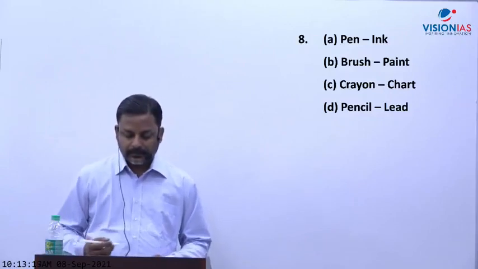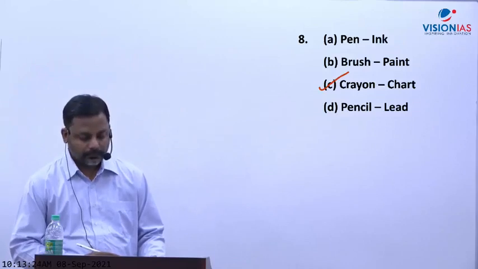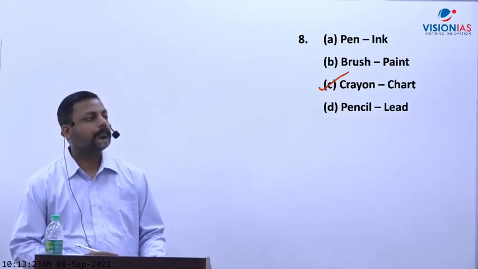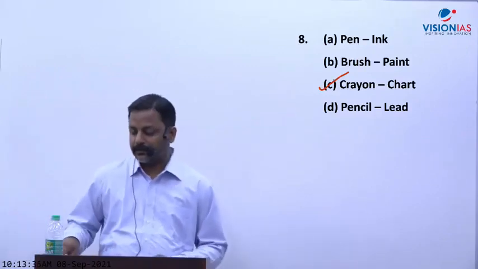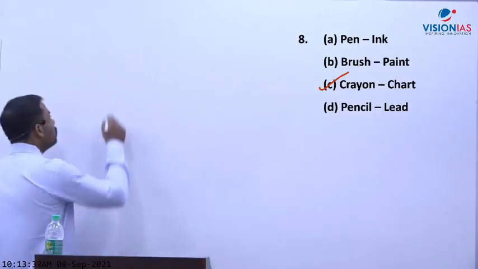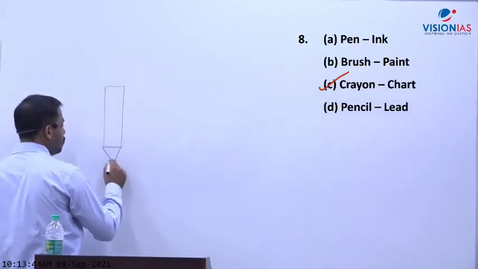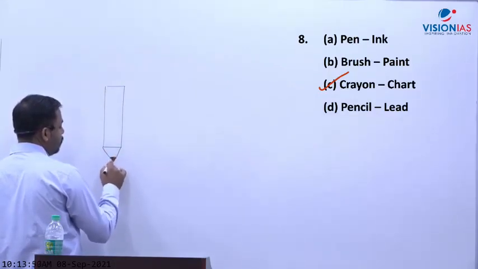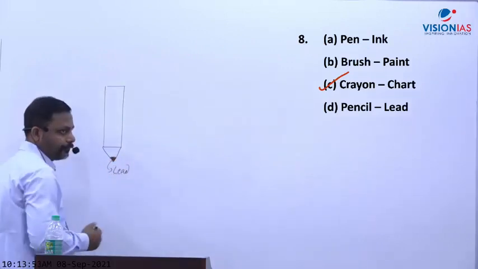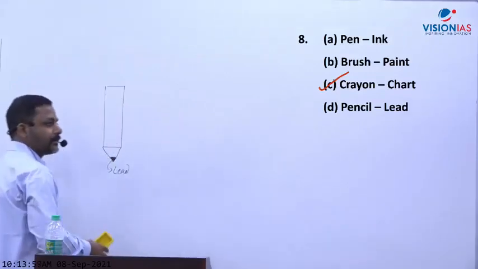Answer is crayon and chart. Yashashvi, the word lead is a part of pencil. When you see a proper pencil, its core part is a black color material, and this part is called lead. Crayon is used over chart. Yes. Reason.